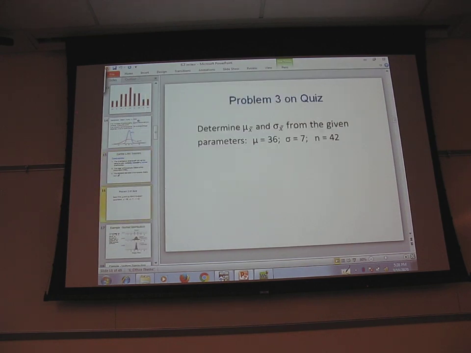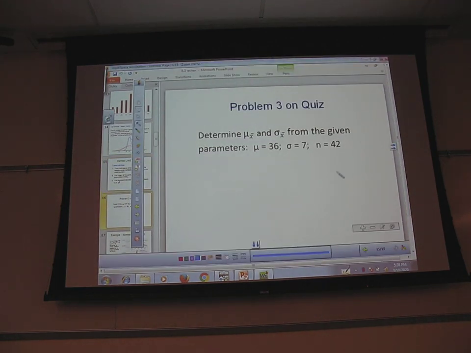So problem 3 from the quiz, find these things. Right, so our mean for the sample mean is just our regular mean, which is 36. Did everybody find the other one? Okay, good. So then our sigma x bar is equal to sigma over square root of n.